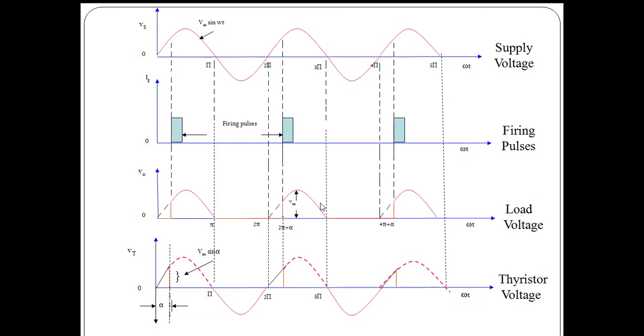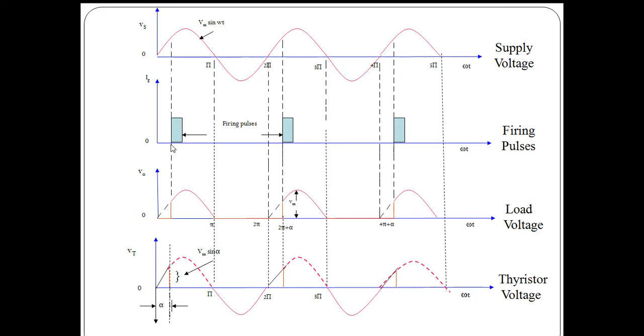So these are the waveforms. This is the supply voltage: from 0 to pi positive half cycle, from pi to 2 pi negative half cycle, and then the cycle repeats. Here we are providing a firing pulse with a delay of alpha.